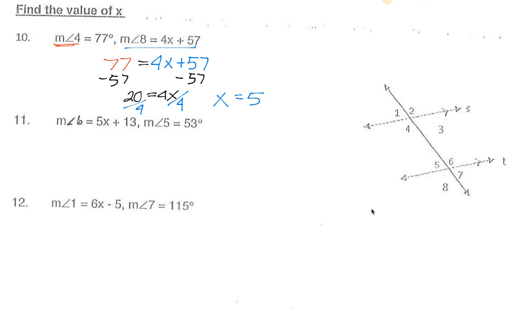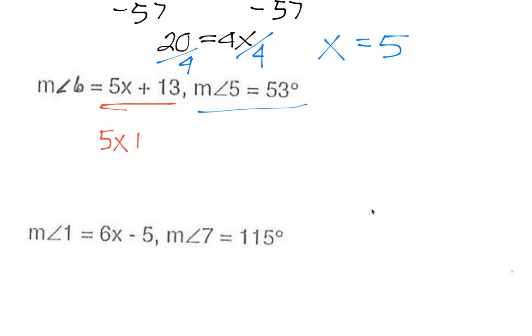The next one, we have the measure of angle 6, so 5x plus 13. And then measure of angle 5 is 53. Now those two angles are next to each other. Notice that arc that they create together. So that's 180 degrees. So these two are going to add up to equal 180 degrees.